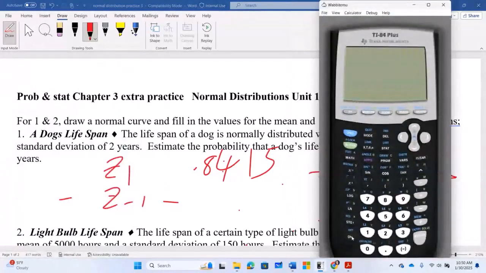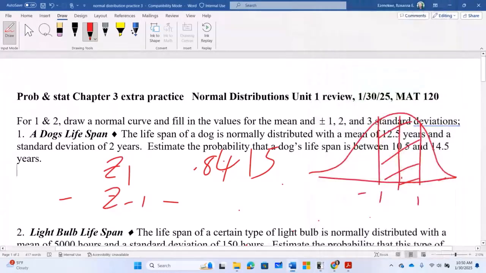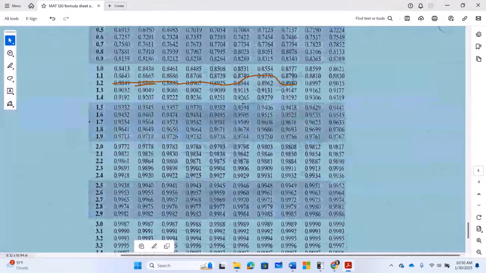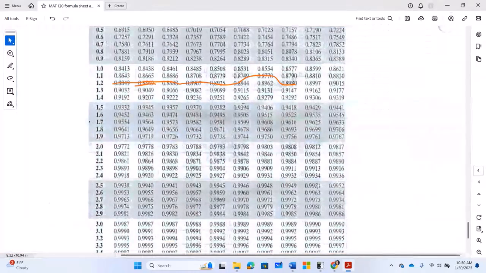All right, so now I want to find, oh, why am I picking up my calculator? I should be getting the chart. All right, let me get the chart right now. So I'm looking for Z of -1. I already found Z1, and Z1 is 0.8413 right here. So I'm going to pull up and look for where -1 is.